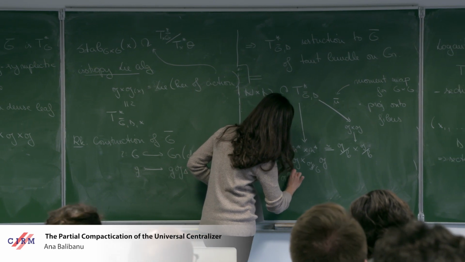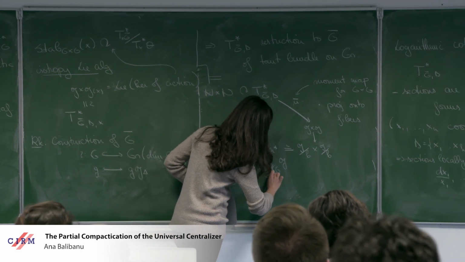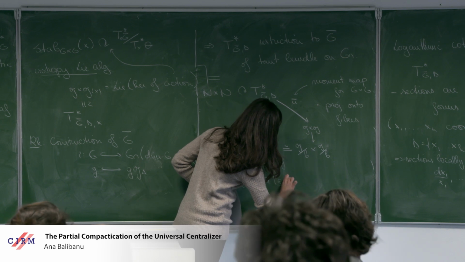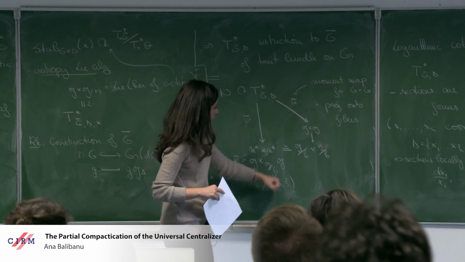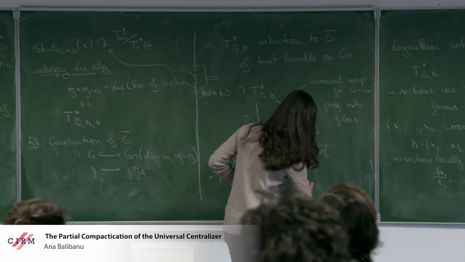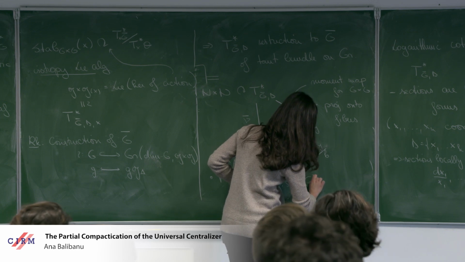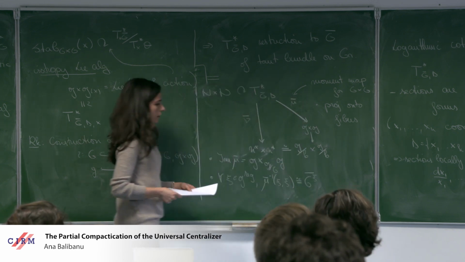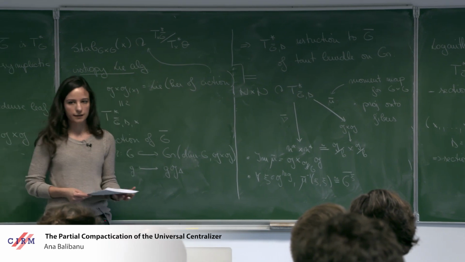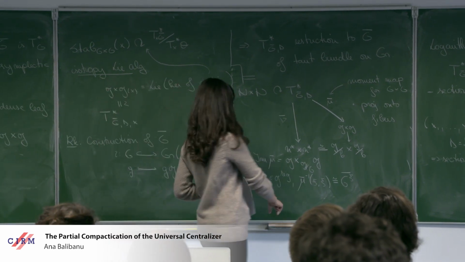And if C is a regular element, then the fiber above the corresponding diagonal point is exactly the closure of the corresponding centralizer inside the wonderful compactification.